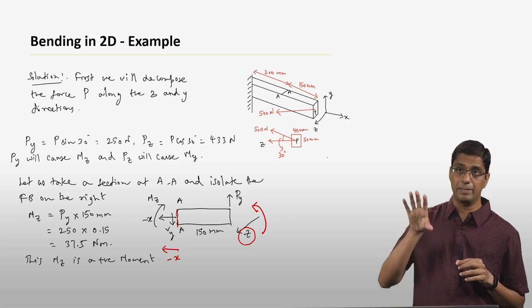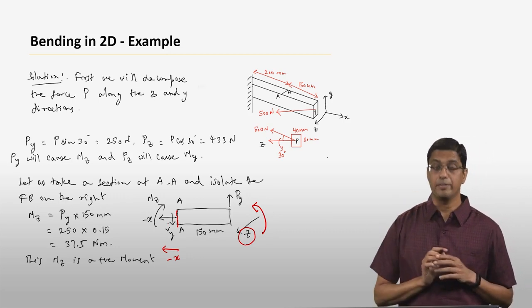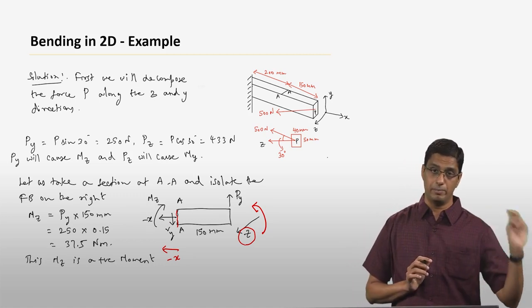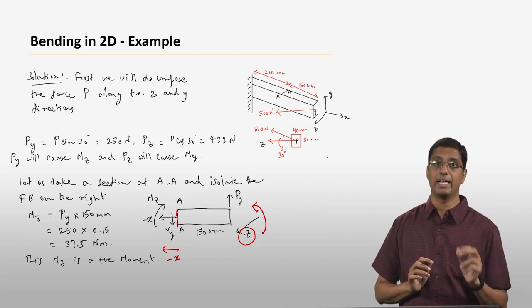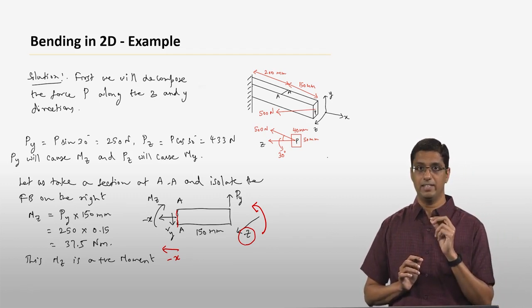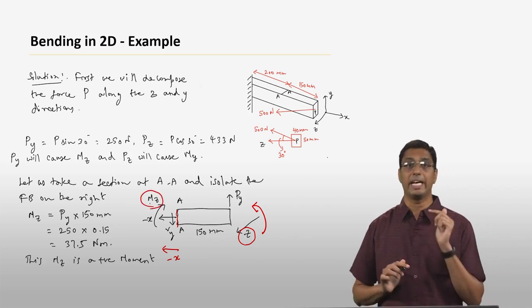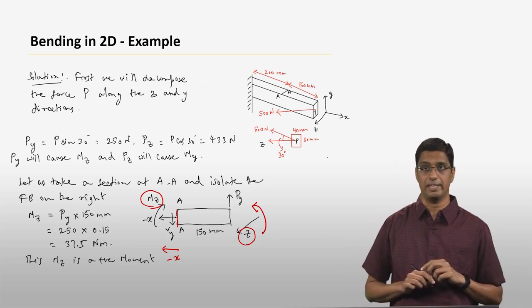So it would actually be in the minus z direction. This moment Mz is in the minus z direction. But the normal to the face is the minus x direction. So when you have the normal to the face in the minus x direction, a negative Mz is considered positive. That is why this Mz is considered positive, even though it is pointing in the opposite direction to the positive z-axis.